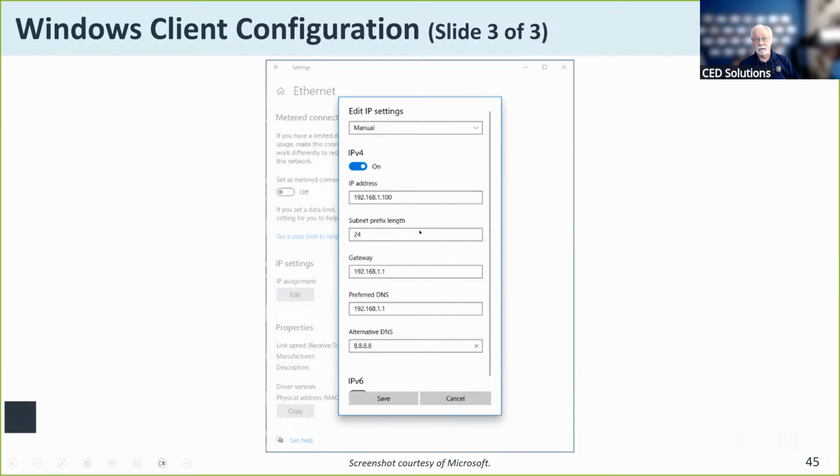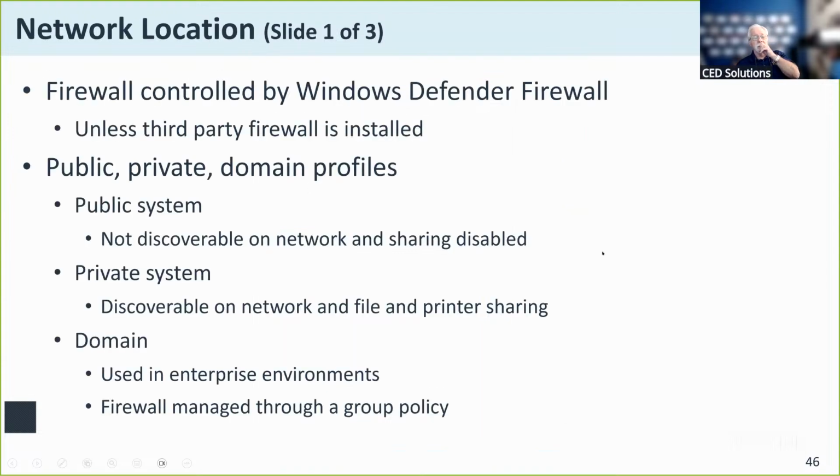exactly the same as the Class C 255.255.255.0 subnet mask. We also give it the IP address of my gateway device, DNS devices, primary preferred DNS, and an alternate or secondary. Now, I told you before as well, currently out on the public internet, IPv6 addressing is not supported.